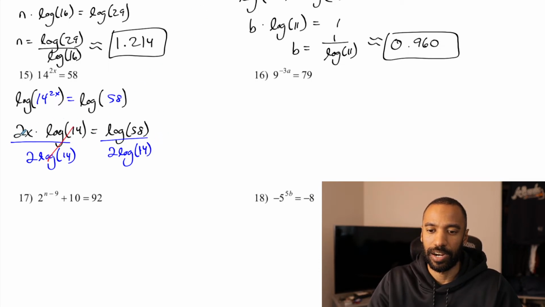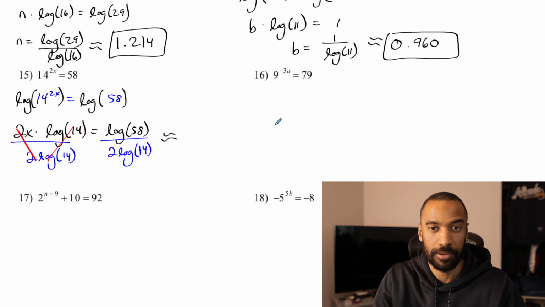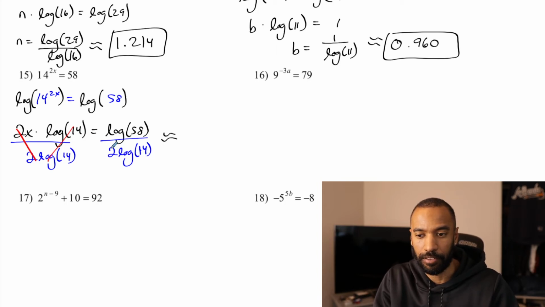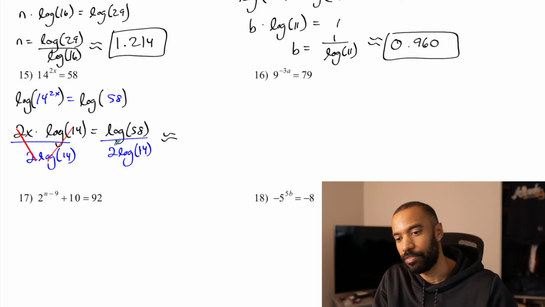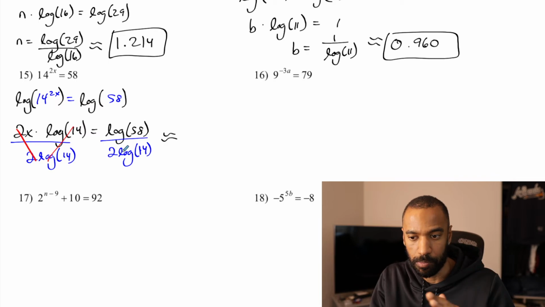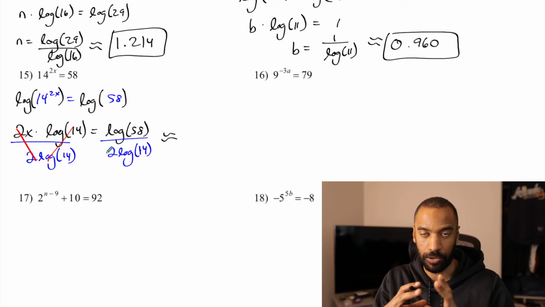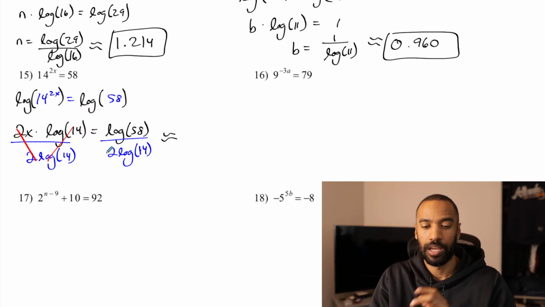So right here, I'm going to type that out to figure out what x is and approximate it. Now I'm going to go to my calculator again, where you have to be careful of the order of operations. 2 is multiplying by log of 14. They're multiplying together in the denominator. They're both being divided. But if I go to my calculator, I'm going to type something wrong first.